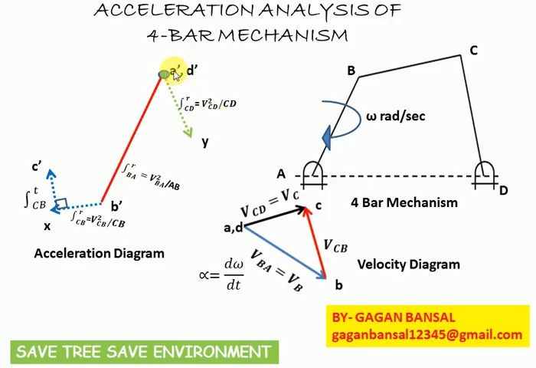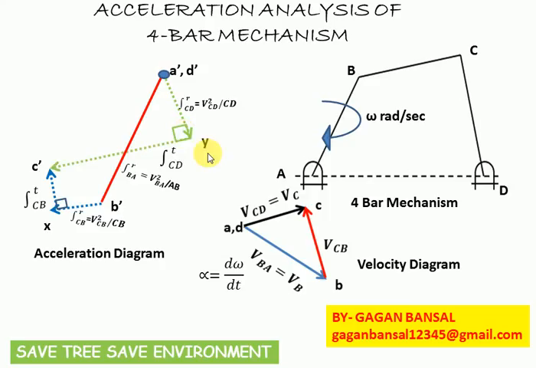So vector D dash y represents radial component of acceleration of C with respect to D, and again this velocity VCD is from the vector DC, which is obtained from the velocity diagram. Now from point y, we'll draw a vector which is perpendicular to D dash y, and it will represent the tangential acceleration of C with respect to D.